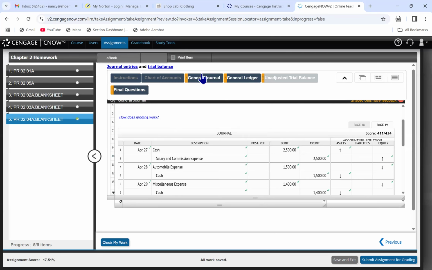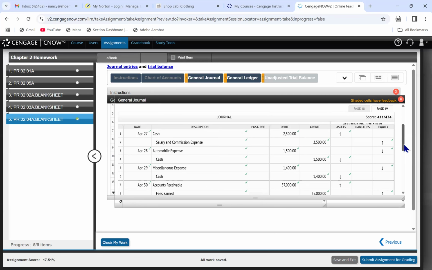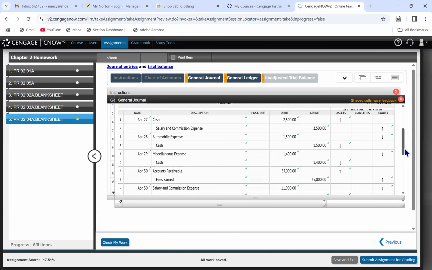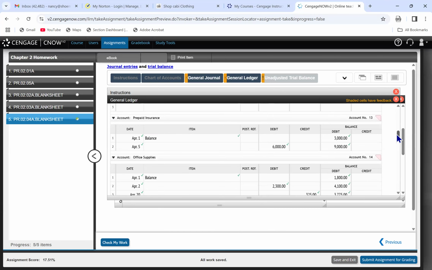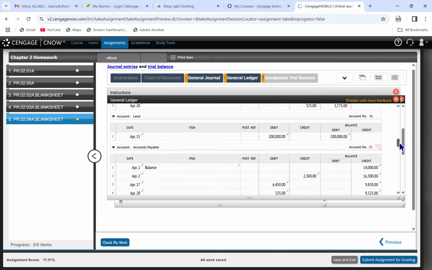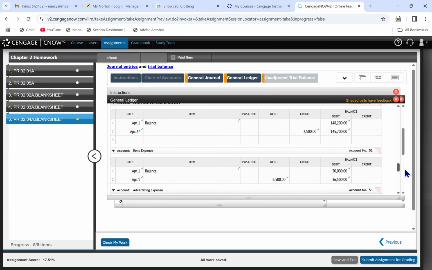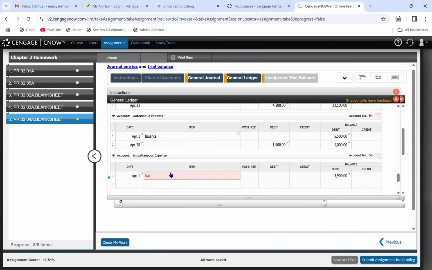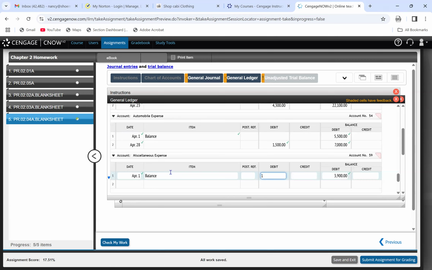Then we show the miscellaneous expense of 1,400 on April 29th. Miscellaneous expense of 1,400. Excuse me, not there. April 29th, 1,400.